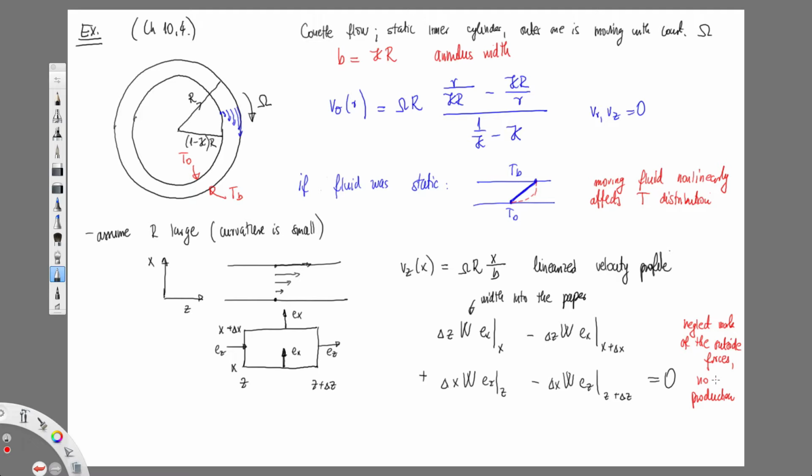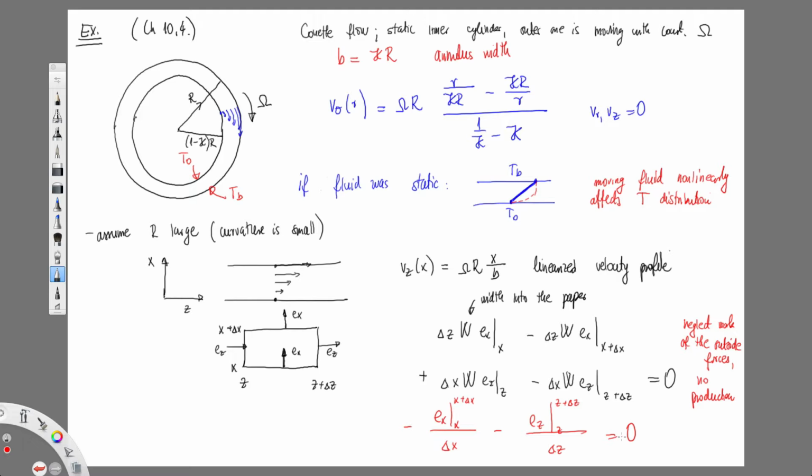We've done more complex stuff in momentum, so this is going to be easy. I divide by my volume, which is delta X, delta Z, W, and when I divide, I'm also going to send my delta X to 0. So I'm going to have minus EX at X plus delta X divided by delta X minus EZ at Z plus delta Z divided by delta Z is equal to 0.